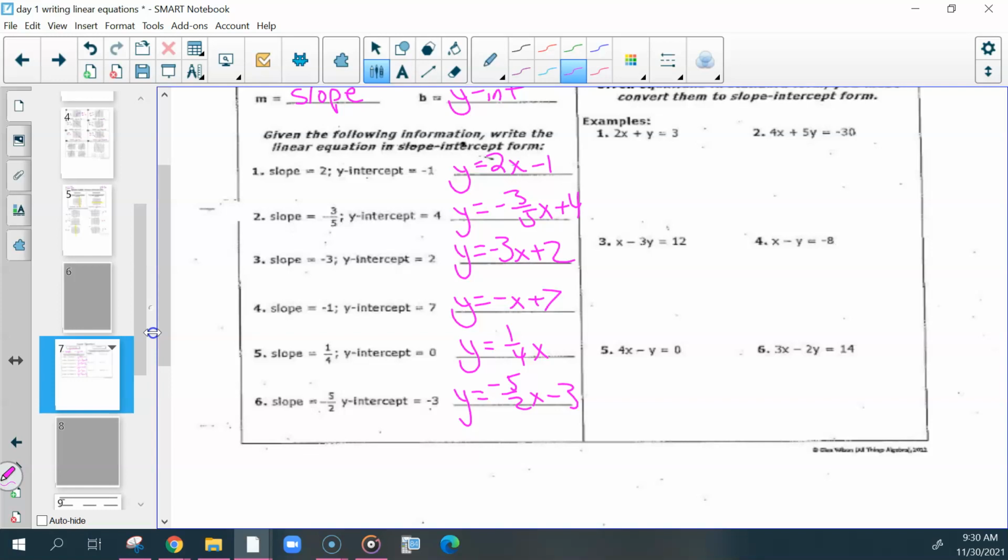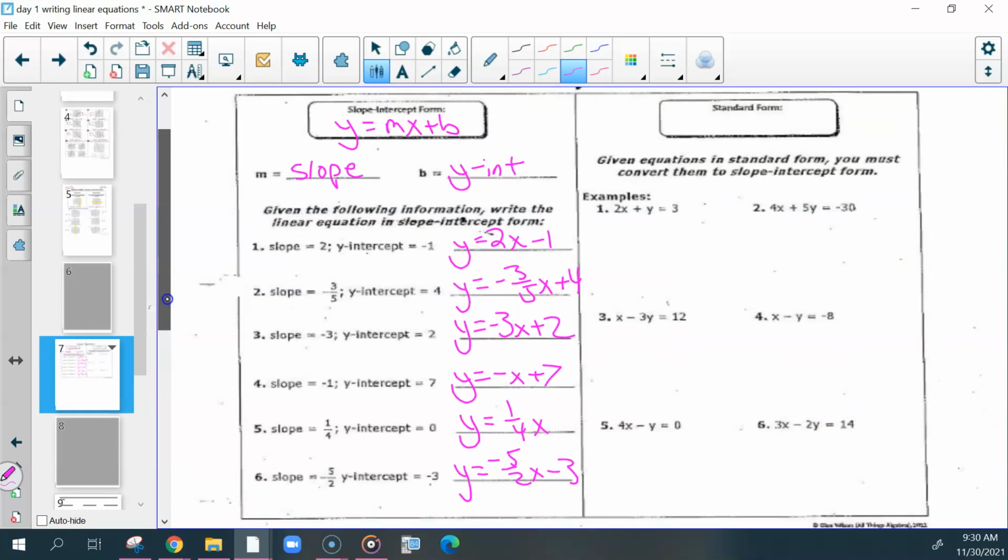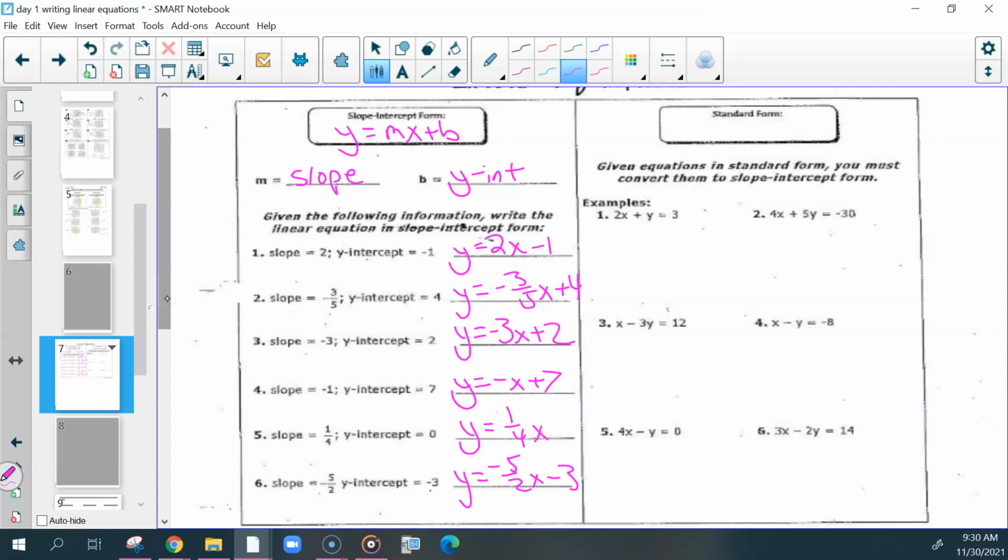Right? The other part of this is going back to converting, just so that way we remember how to do that. So usually these are in the form ax plus by equals c, and we have to get them back in slope-intercept form. So we'll do 3 together, then I'll let you do the other 3.